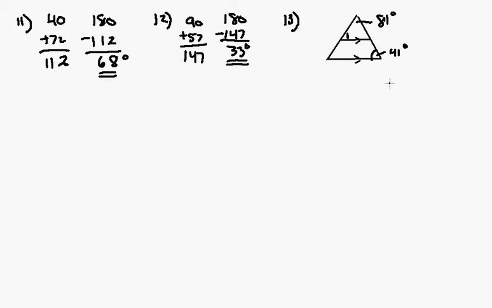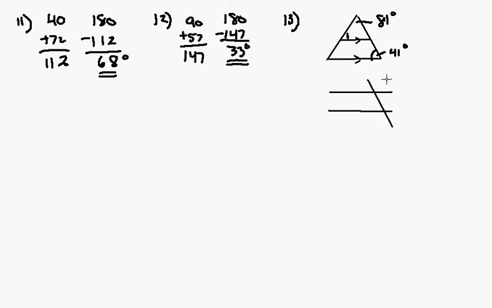Alright, well, now, if these are parallel lines, let's think about this. If we have two parallel lines cut by a transversal, so imagine that line and that line are like the two horizontal lines you see in the triangle. Imagine that this is this line right here.